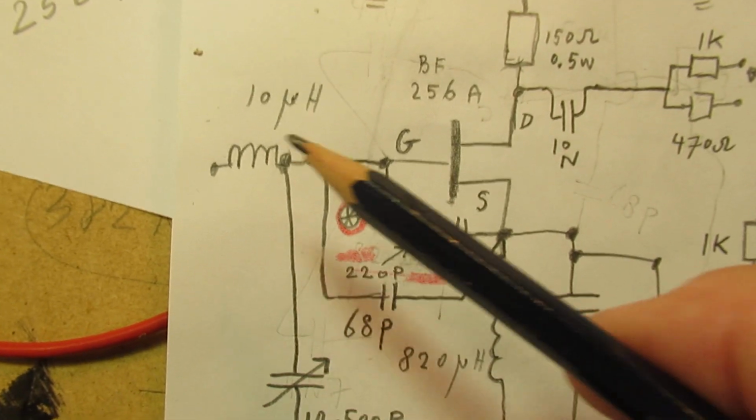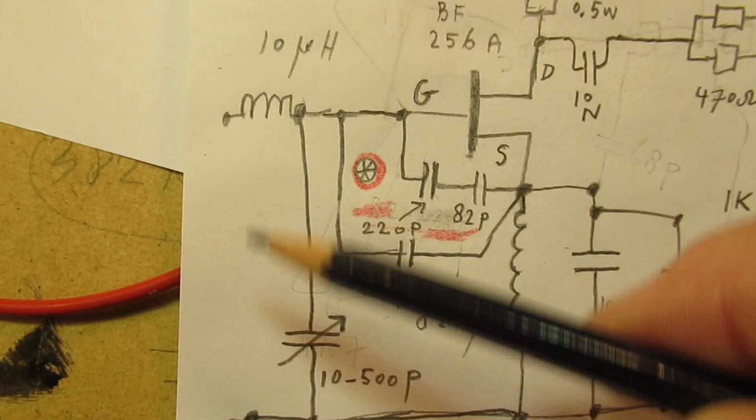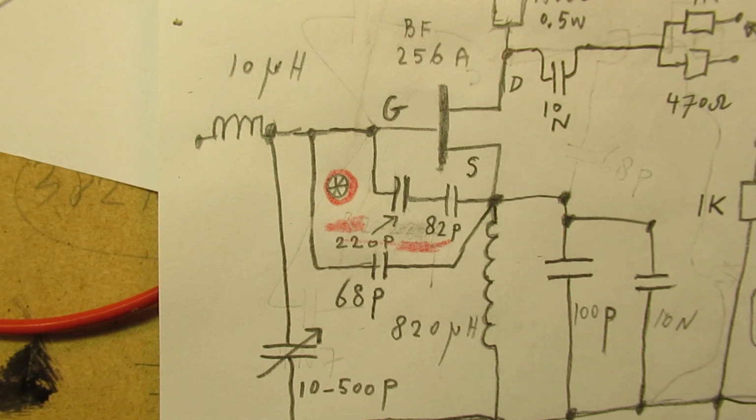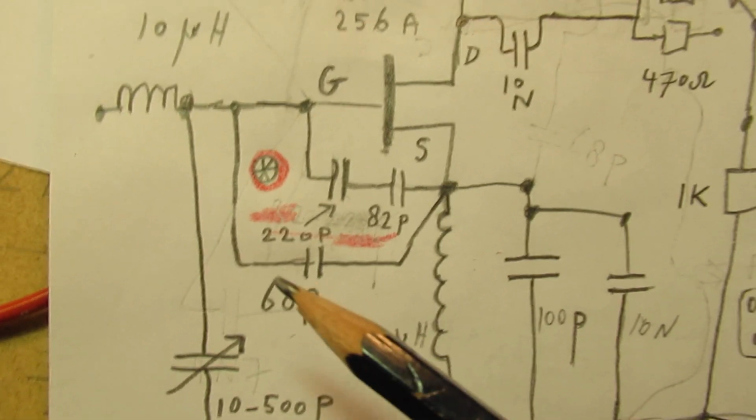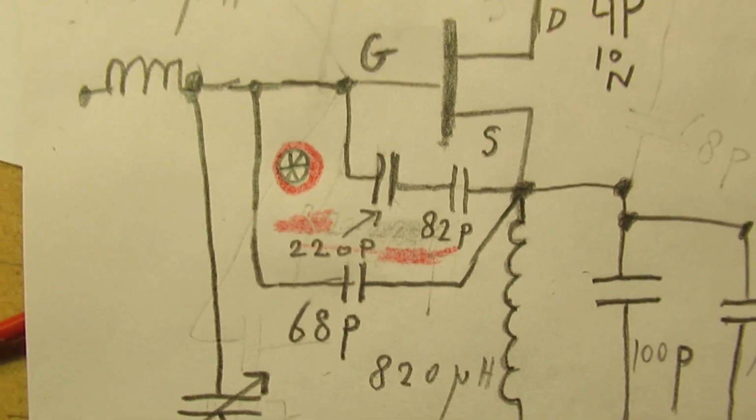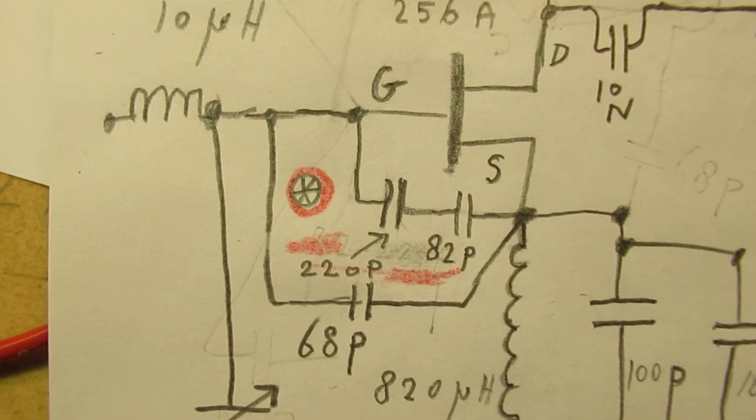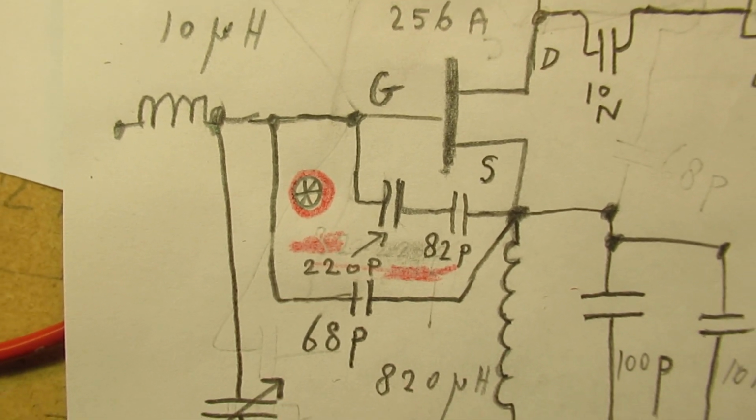That is of course combined with the coil that's connected here. And this is, say, a combined capacitor. Of course you can do the calculations, but I don't do that.